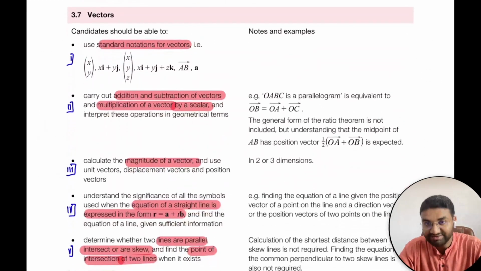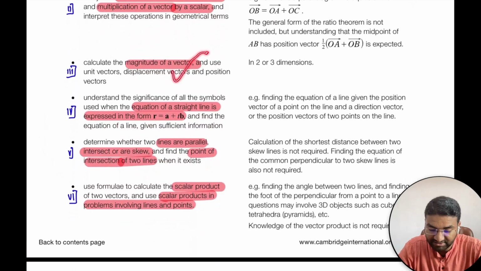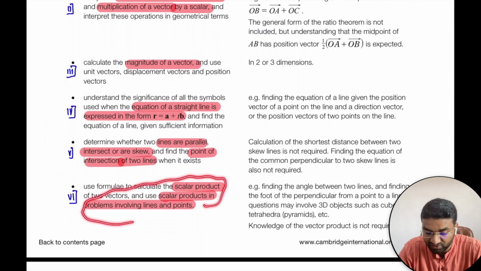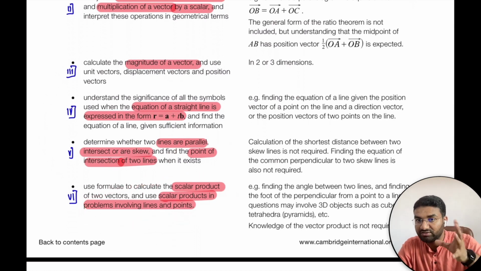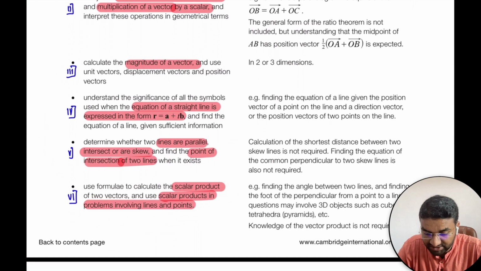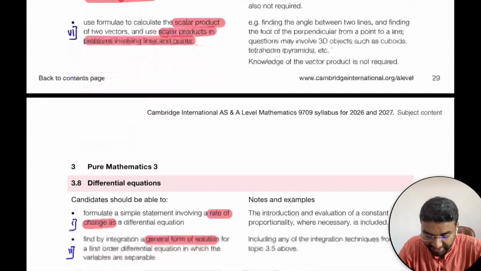Then for a P3 student, one very interesting topic, vectors: standard notations, addition, subtraction, multiplication, then magnitude of a vector. We have to identify whether lines are parallel, intersecting or skew. We use the scalar product to solve equations or to find intersecting points as well.